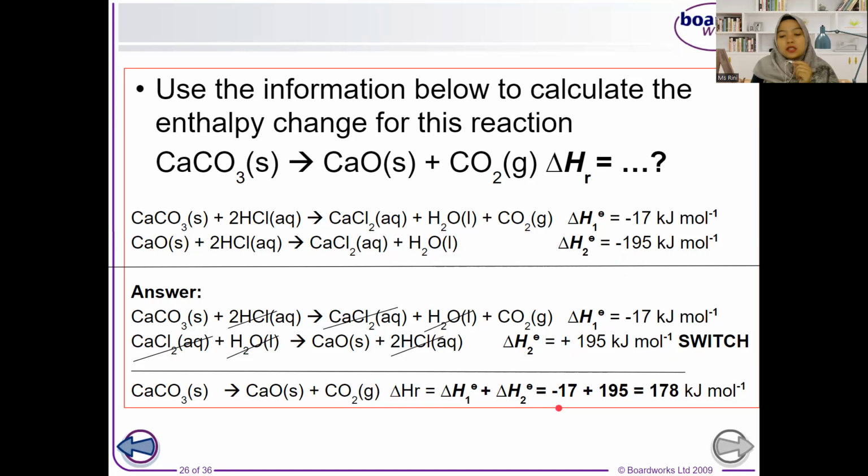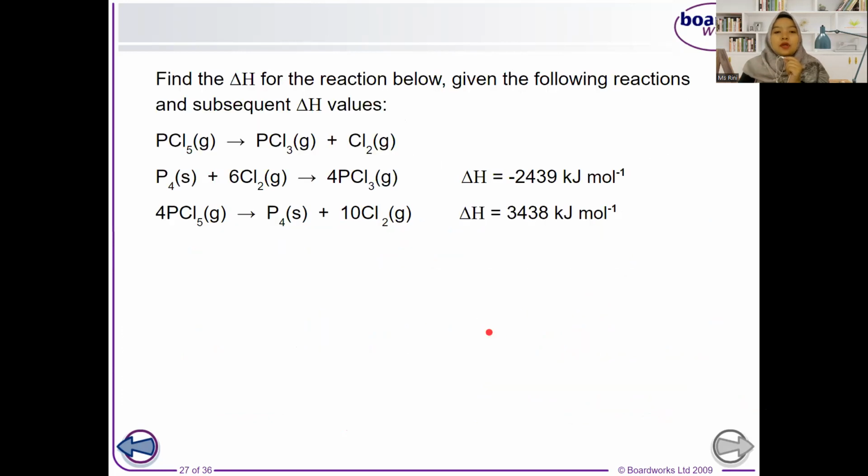So it is negative 17 plus 195. So the final delta H for this reaction is 178 kilojoule per mole. That's it. Done. That's how to use Hess's law.